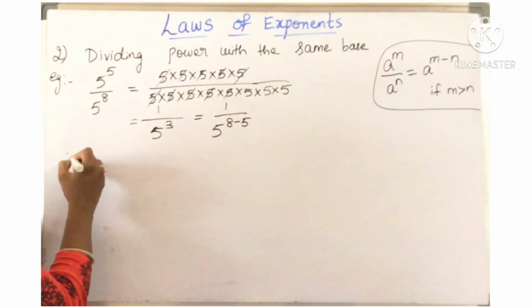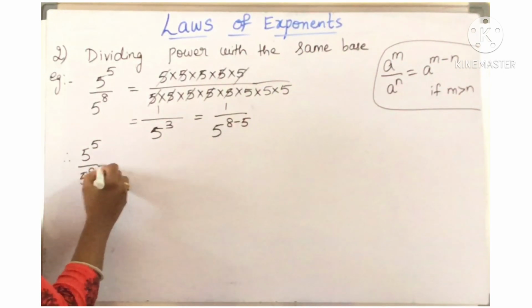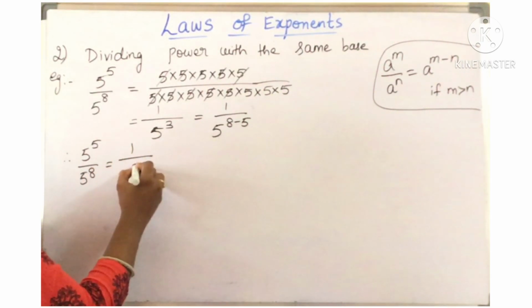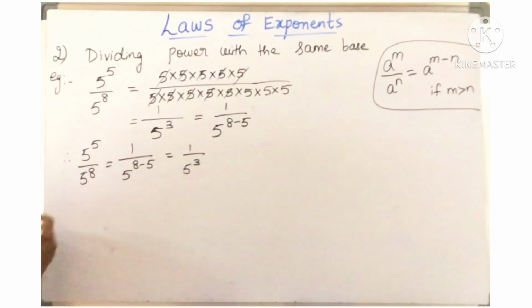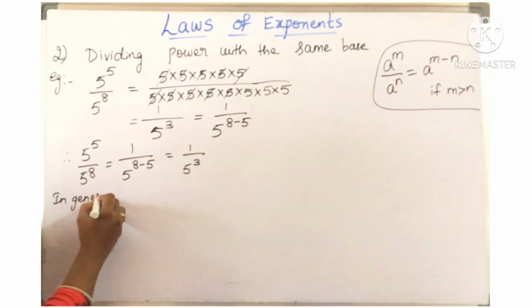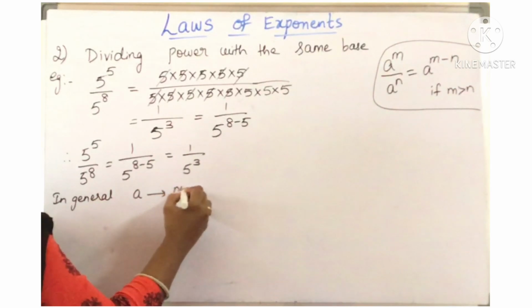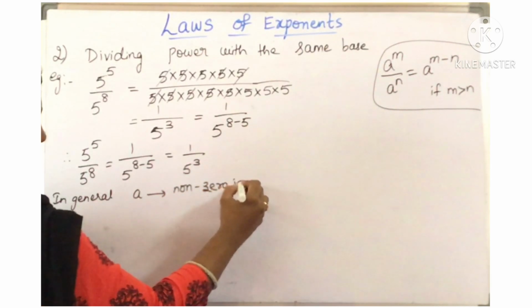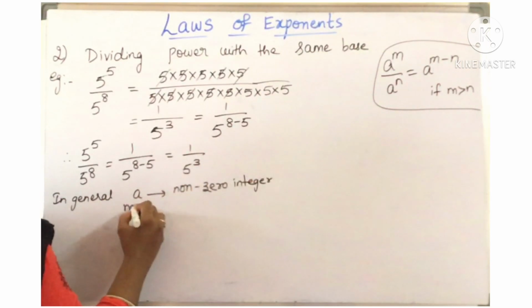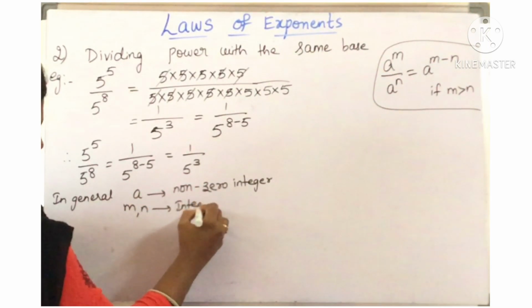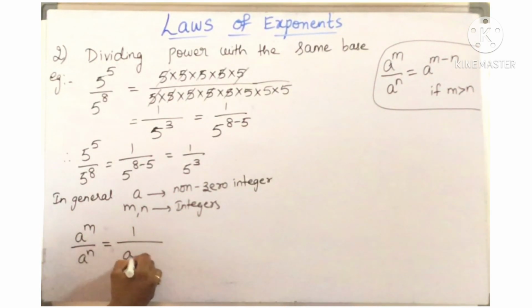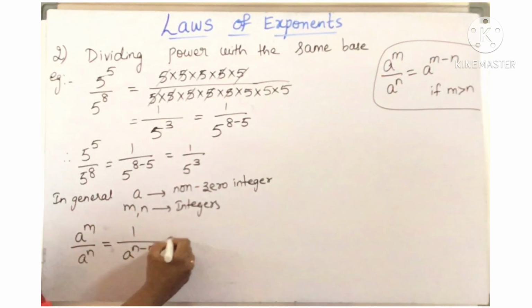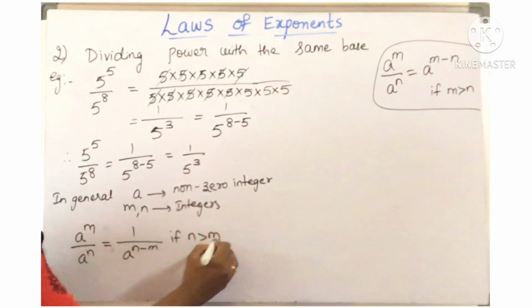Therefore what did you observe here? 5 to the power of 5 by 5 to the power of 8 is nothing but 1 by 5 to the power of 8 minus 5. That is 1 by 5 to the power of 3. Okay. So in general, where a is a non-zero integer and m and n are integers, then a to the power of m by a to the power of n is nothing but 1 by a to the power of n minus m, when n is greater than m.